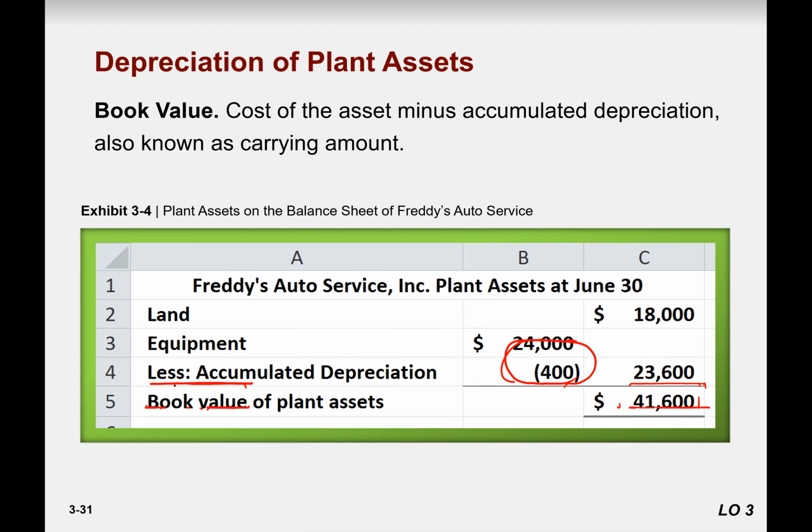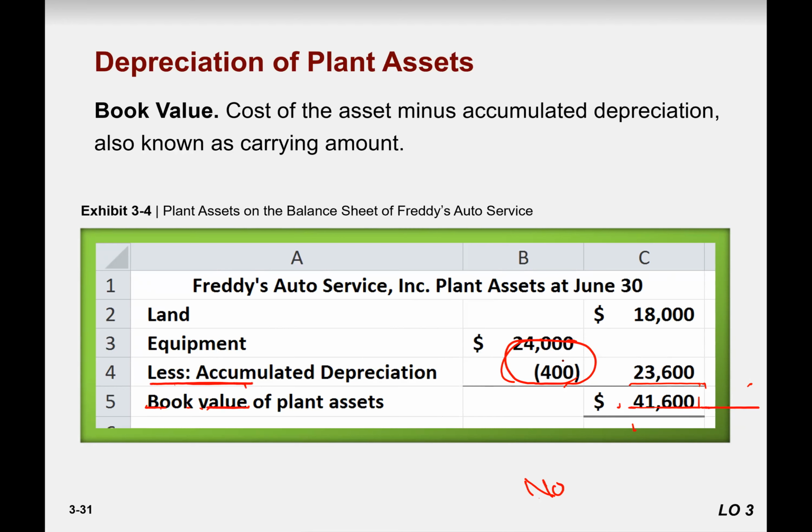So many students ask me whether the book value is basically the sale value. No. Why? Because the market value can be above 41,600 or can be below 41,600, right? So that doesn't mean that we are selling it at 41,600.